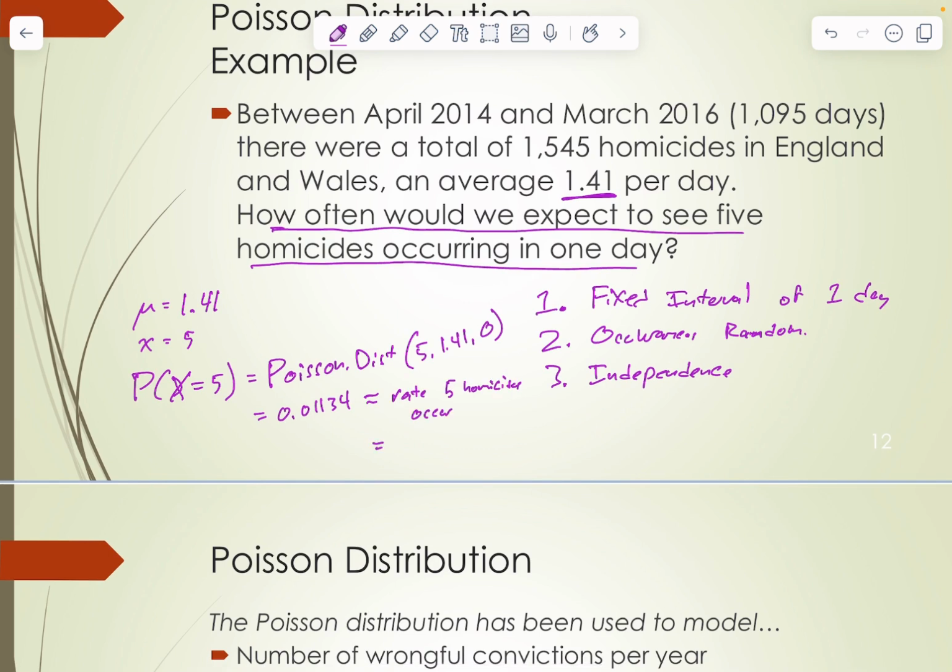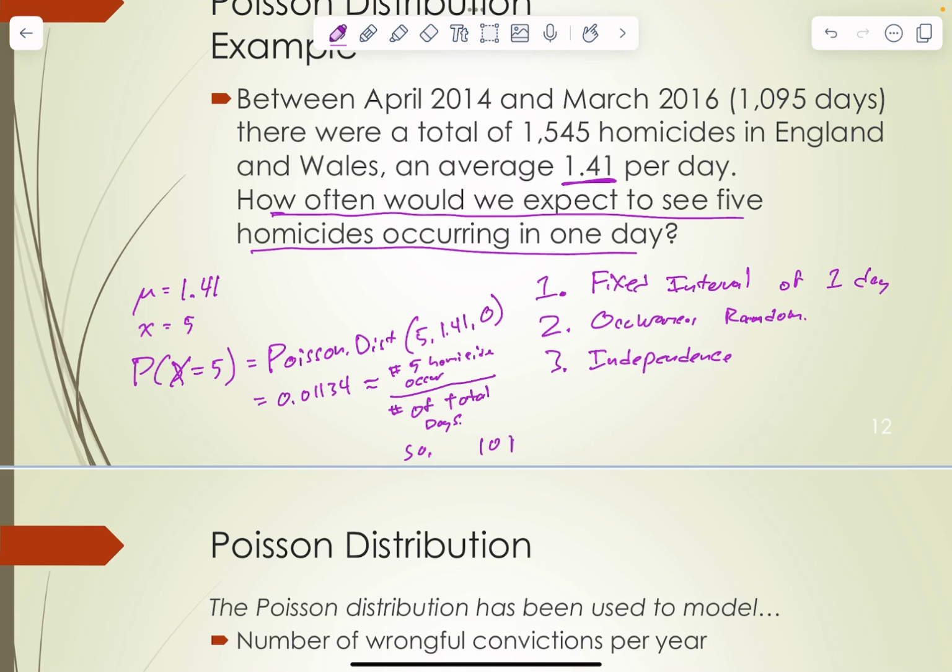Remember the relative frequency definition of probability. This probability we found is approximately the number of times 5 homicides occur over the total. So remember the relative frequency definition of probability. This thing is approximately the number of times 5 homicides occur in 1,095 days.